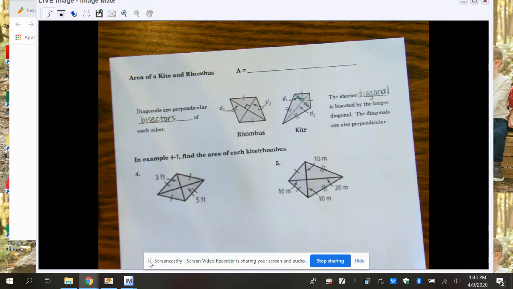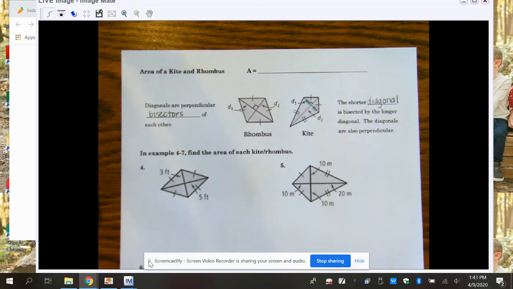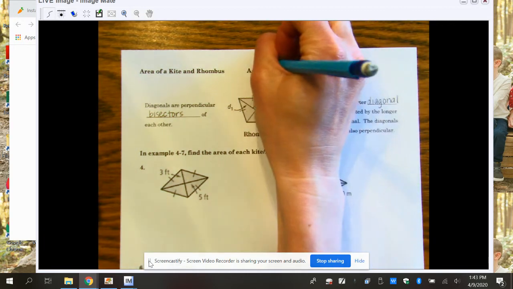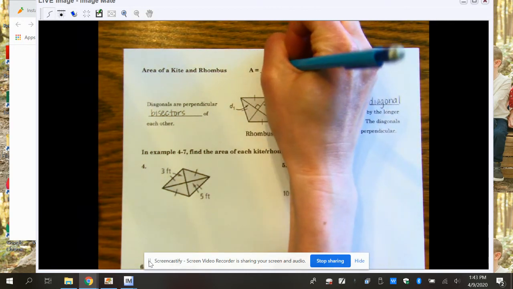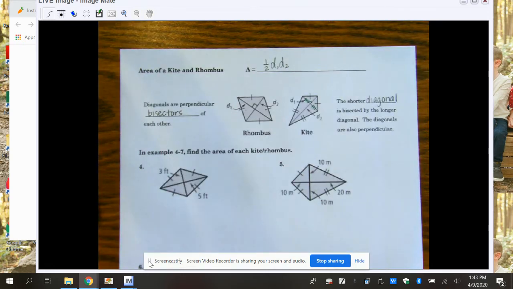So the formula for the area of a kite and the formula for the area of a rhombus, it's the same formula. It's 1/2 times each diagonal. So 1/2 times D1 times D2. So in these problems, you don't necessarily need to know the side lengths. You just need to know the lengths of the diagonals.